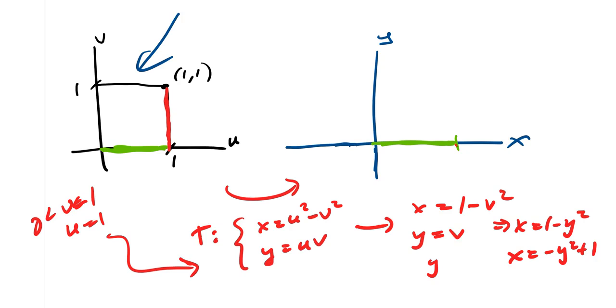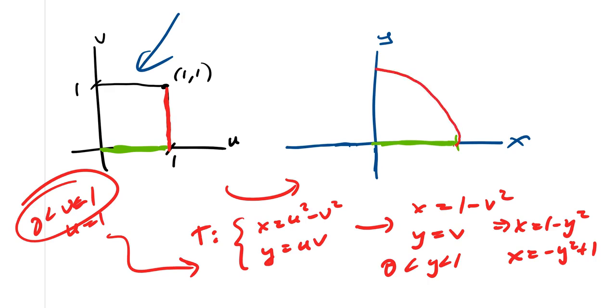Y has to go between 0 and 1 from this. All right, so that would just be this parabola here, where the top is 1. All right, so that bottom was 1. This was 1 here. All right, so that's a parabola like that.